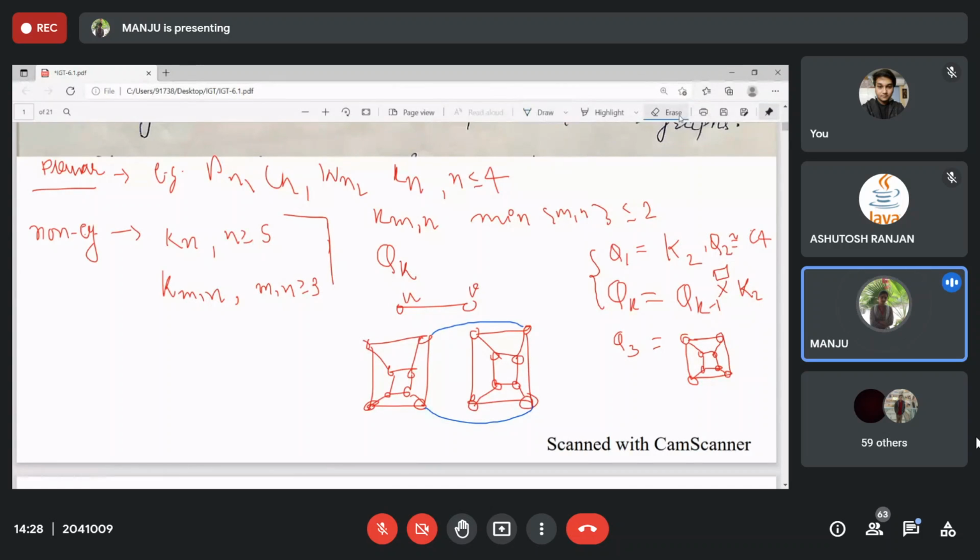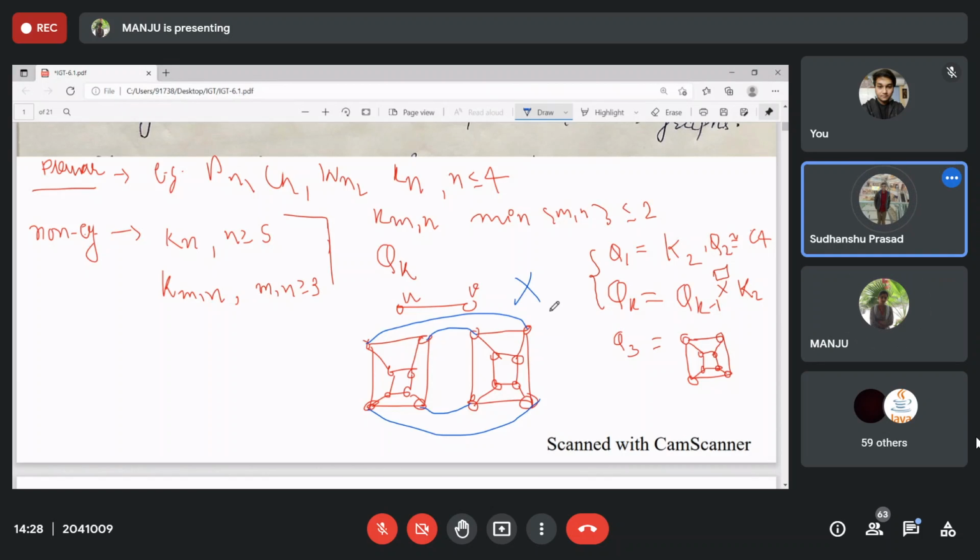Again, you need to cross these edges. So Q4 is not planar. Non-planar.